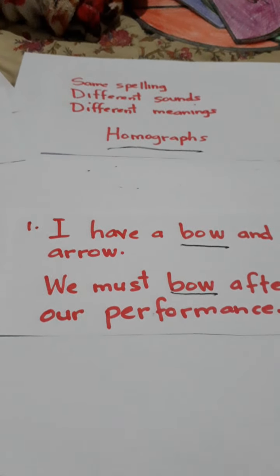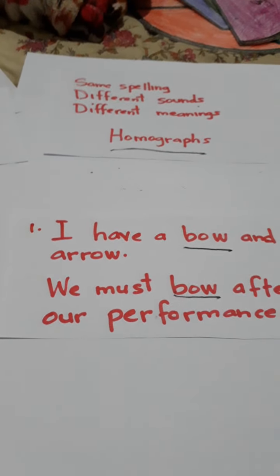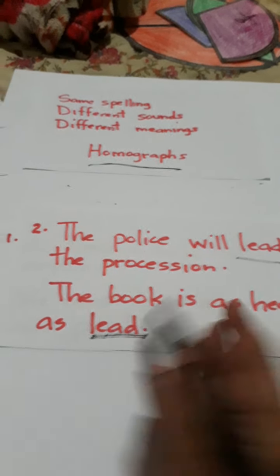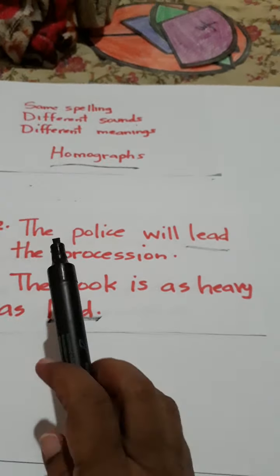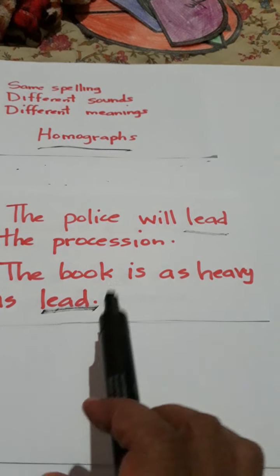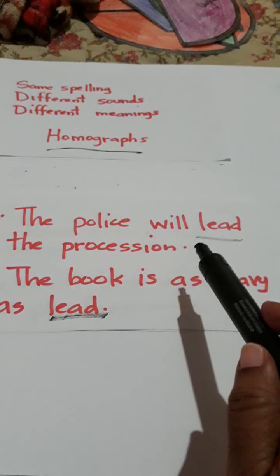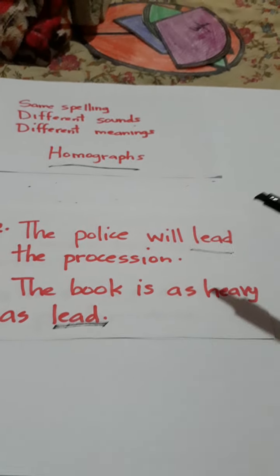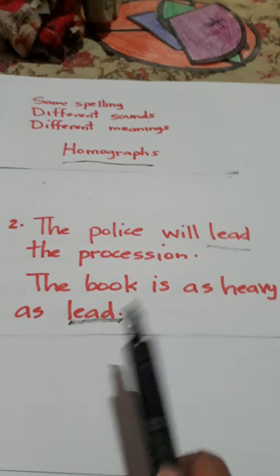Let's look at some other sentences. So let's see the words which are spelled the same, the words which are homographs. The police will lead the procession. The book is as heavy as lead. So we have lead. Lead means to be in front and the others follow you.